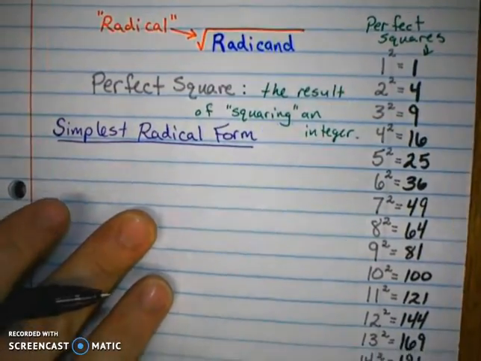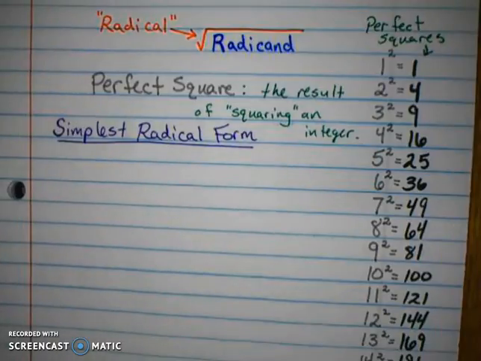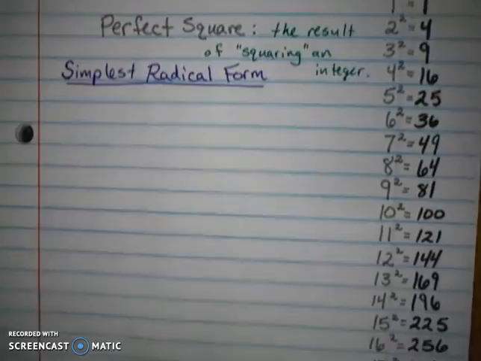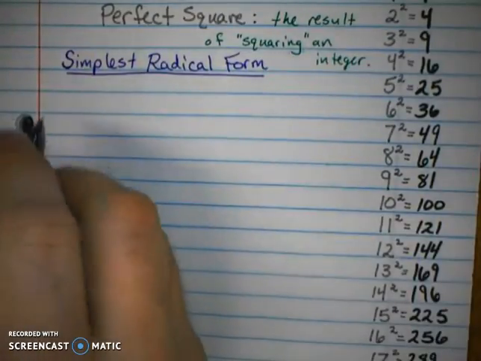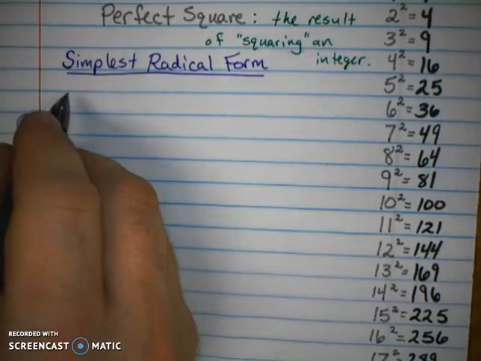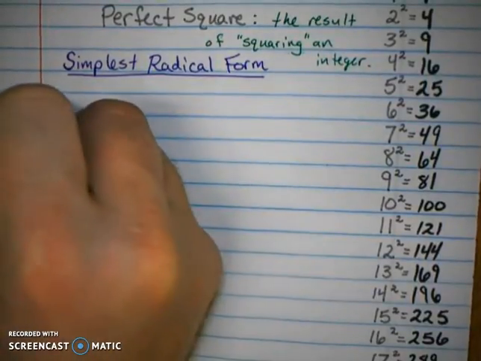We're going to use that with some of what we work on in our first set of examples. I want us to take a look at what we call simplest radical form. There are two rules that we want to make sure we follow. I'm going to give you those rules, and then we're going to do examples for them.